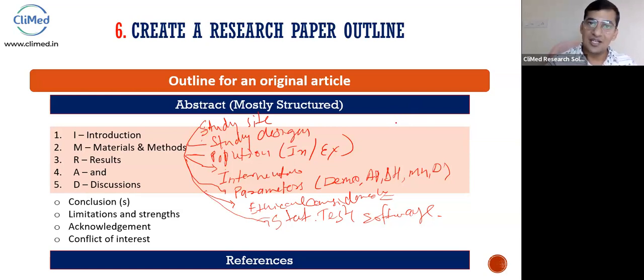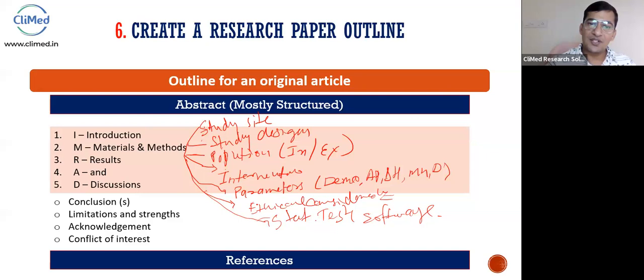Then the discussion must follow the objectives too: you talk about the population first, then objective 1, objective 2, objective 3, or the major objective and the secondary objectives, right?